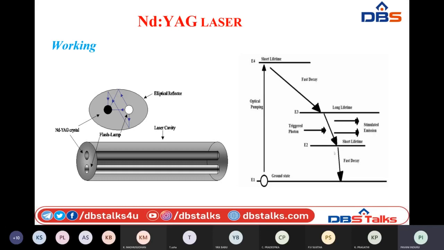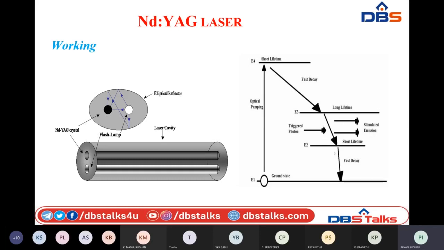Meanwhile, we are going to supply energy to the ground level atoms, raising them to E4 again, because we know that E4 will become empty quickly. That is why we need to supply energy continuously to the ground level atoms to raise them to the upper energy states. In E3, they will wait for a longer time. Now we give another photon to trigger stimulated emission.